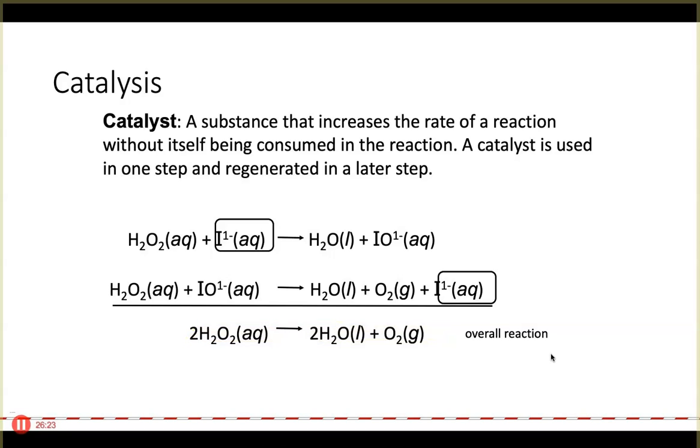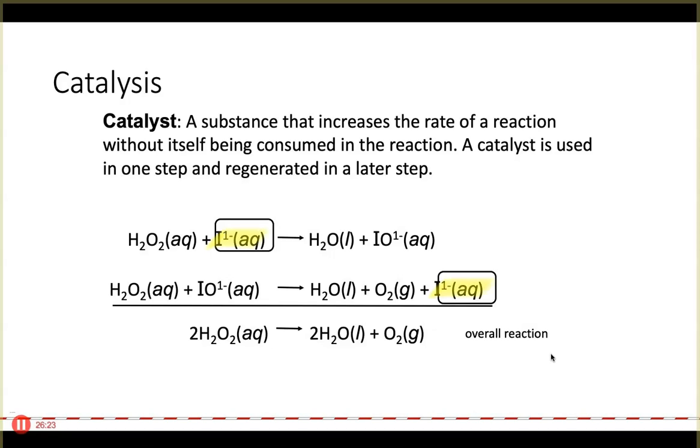If you add a catalyst, in this case I-, a catalyst can accelerate how fast the reaction happens. So instead of happening in one slow step, the reaction is divided into two steps that happen to be faster than this single step alone. The way those steps were made faster was by the presence of the catalyst.